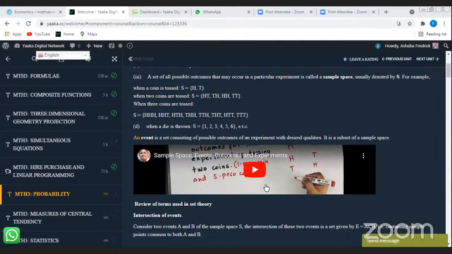Then after that, we shall go to the relationship between set theory and probability. How many of us had covered sets in senior? How many of us have covered sets? I did.